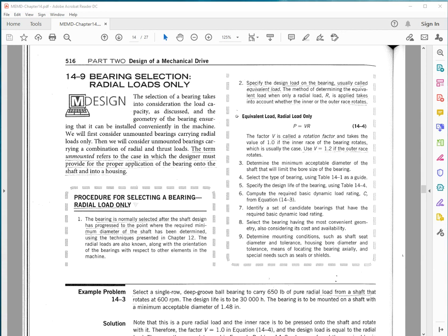Same happens if instead of the inner race rotating, which is the most common arrangement, you have the outer race rotating, inner race being stationary. There is this factor V, rotation factor, that makes that correction. So if the outer race rotates, then the multiplier is 1.2, otherwise it's going to be 1.